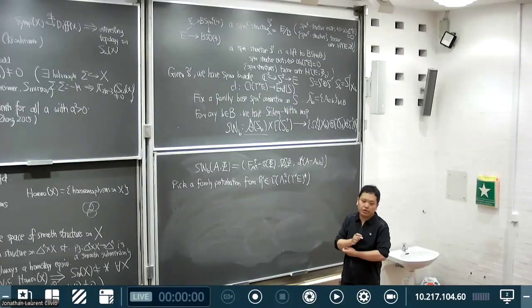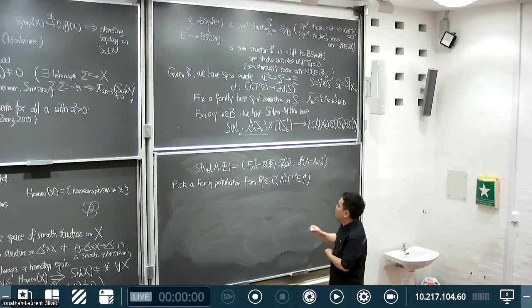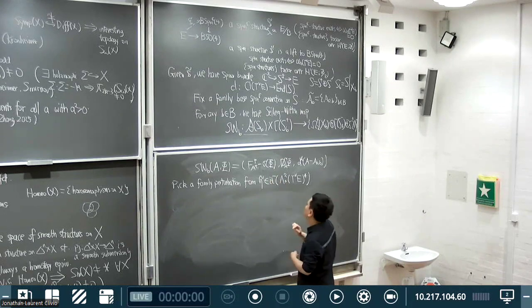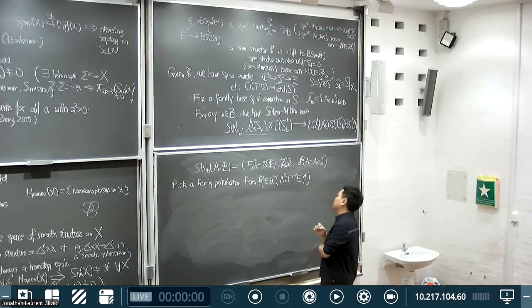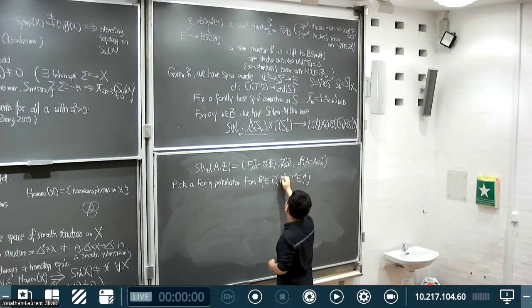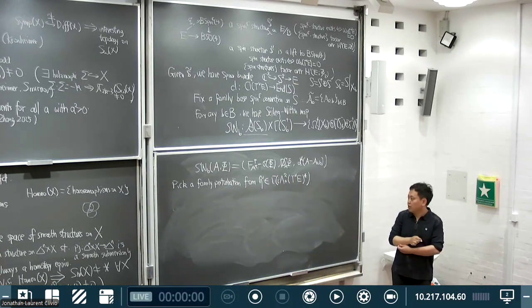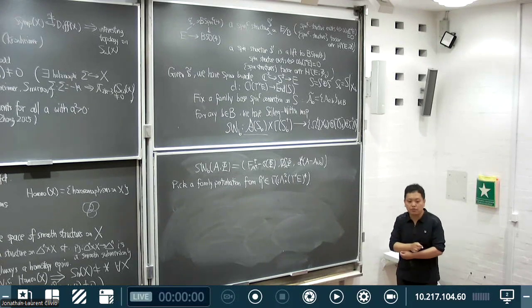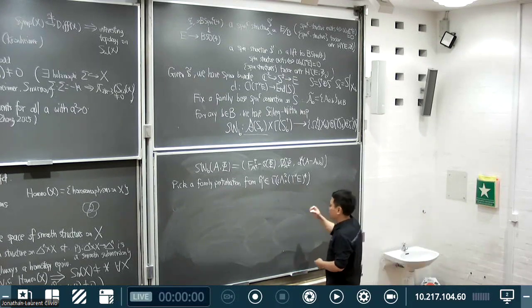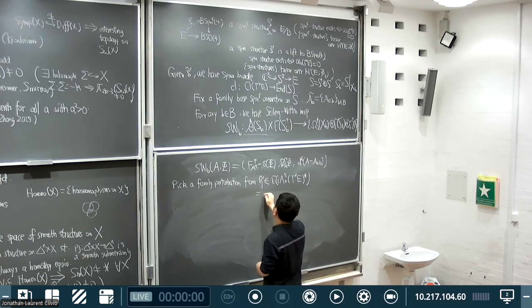In other words, on each fiber we have an imaginary valued self-dual form. So I also write it as a perturbation eta_B for each B.